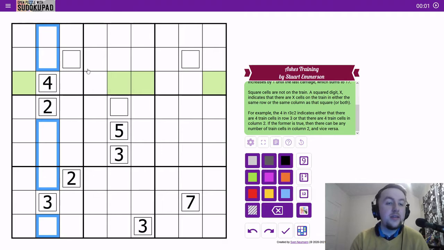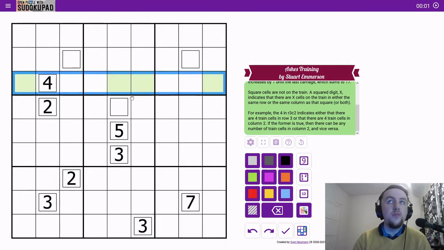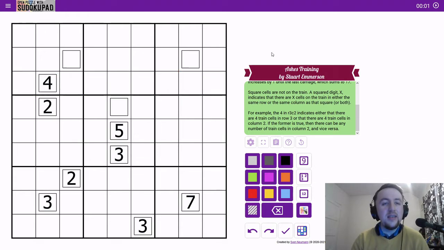It doesn't matter. There could be 0, there could be 4 again, or there could be anything in between or above. So as long as it's satisfied in the row or in the column, then the other one out of row or column doesn't matter. That's just to clear up a little bit of potential ambiguity.